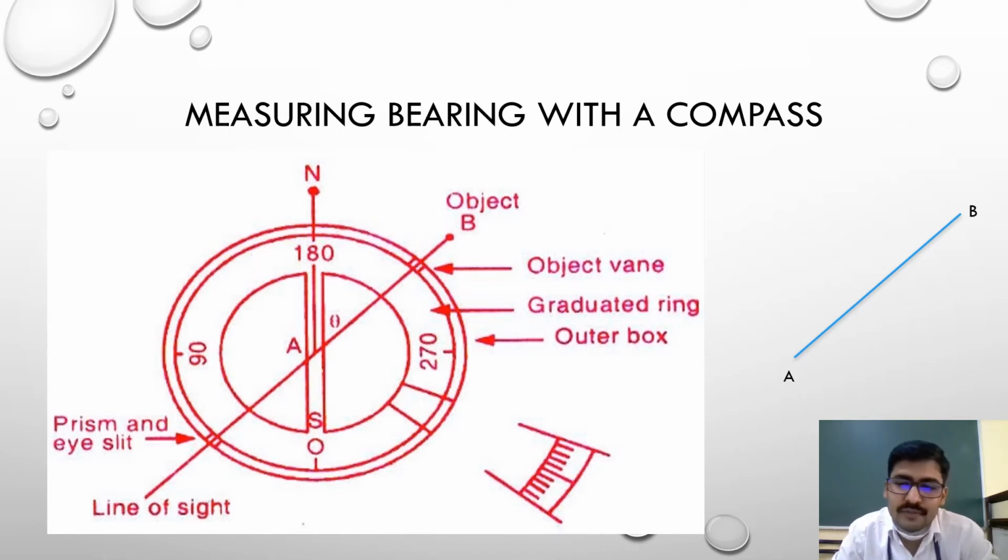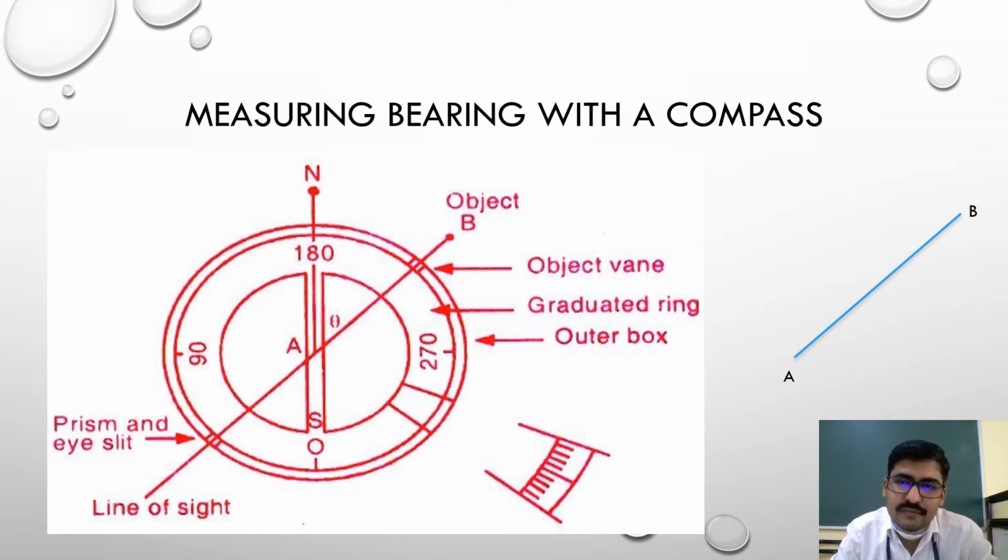In such a case, you need to select which point you are going to start with. AB means A is the starting point of the line and B is the end point of that line. If A is the starting point and I measure the bearing at point A, then it becomes the fore bearing of the line.